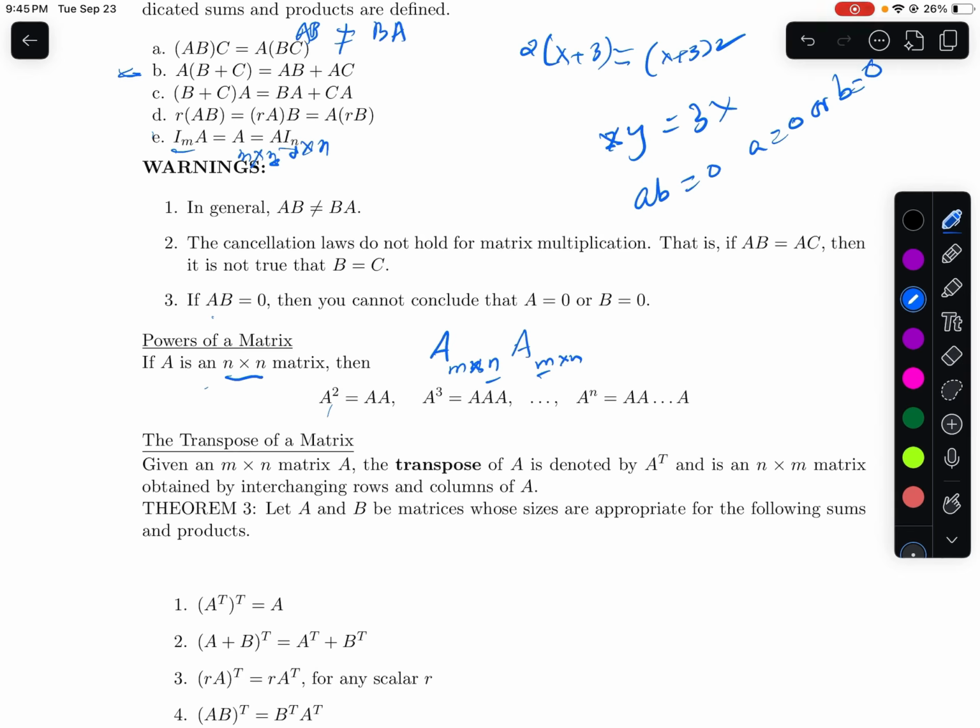We cannot have the product. So in order to find powers of a matrix, the matrix must be a square matrix.